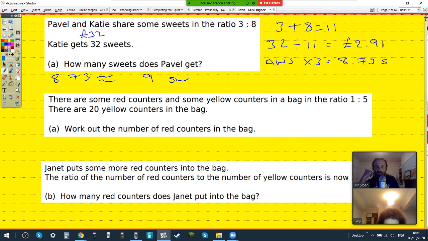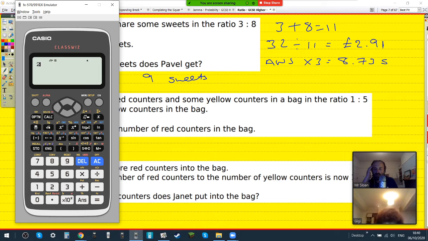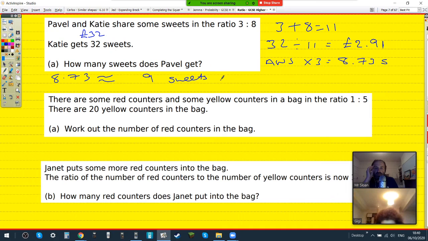And so then try with the Katie one. That 2.91 times 8. All right. 23.28. And so what would that round to in terms of sweets? 23.